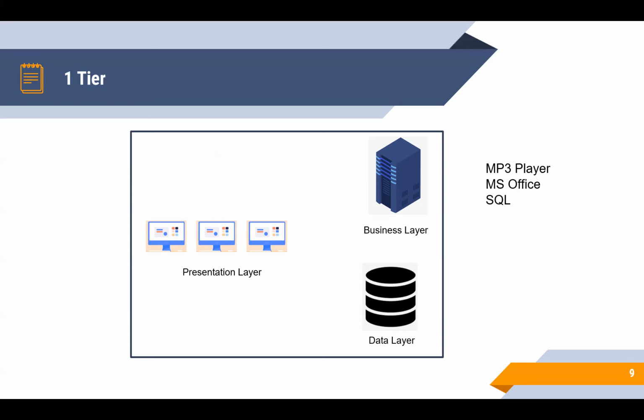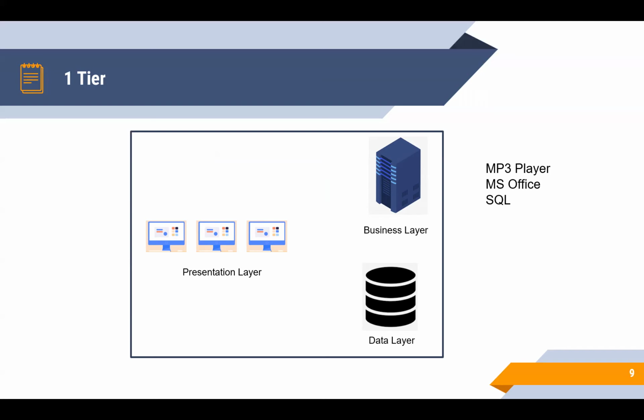How can we say this is a one tier architecture? Whenever you have installed Microsoft Office on your machine, you are not going to interact with any other machine. Whatever document you create, you keep on your machine only. Whenever you want to create, update or delete anything, you can do it directly on your machine.